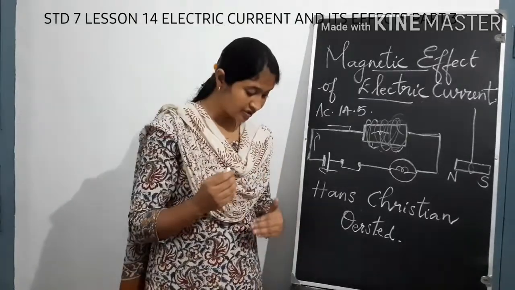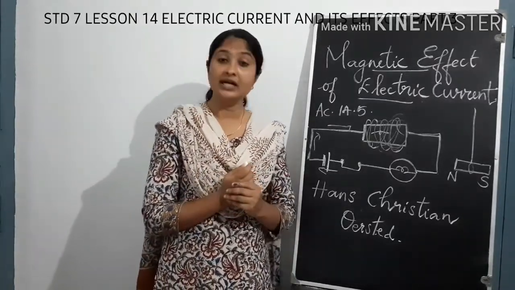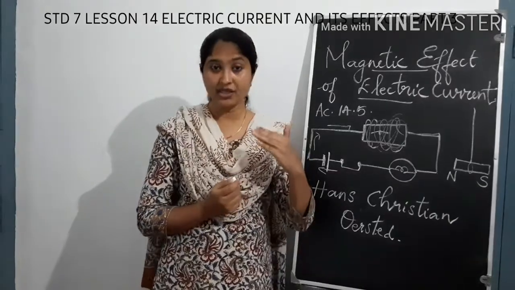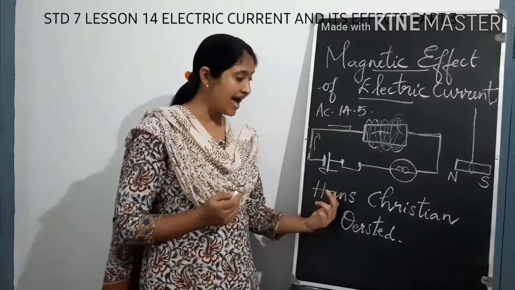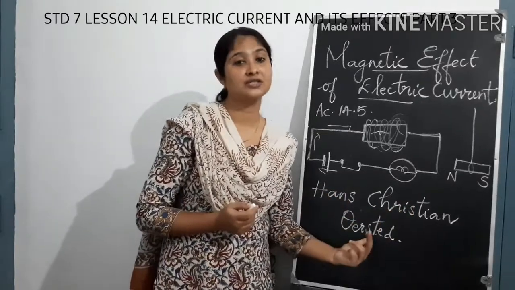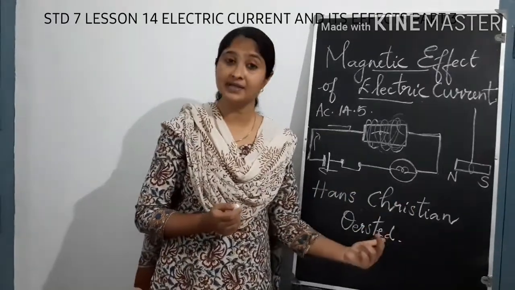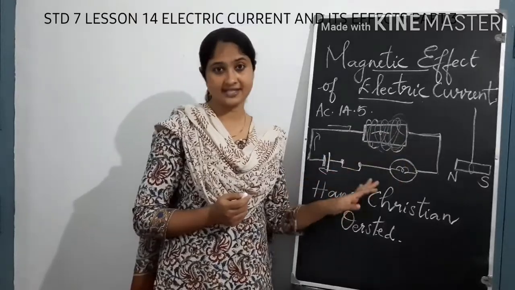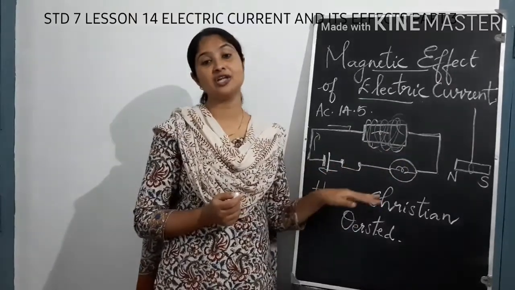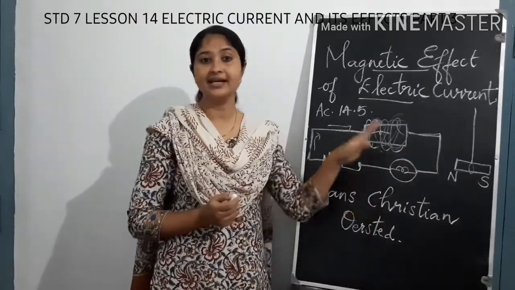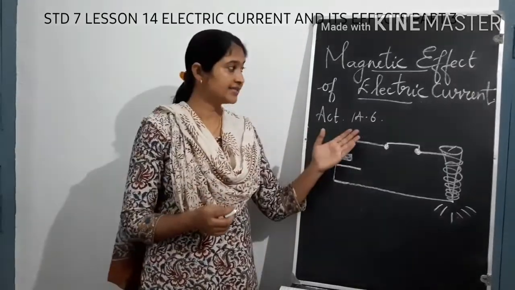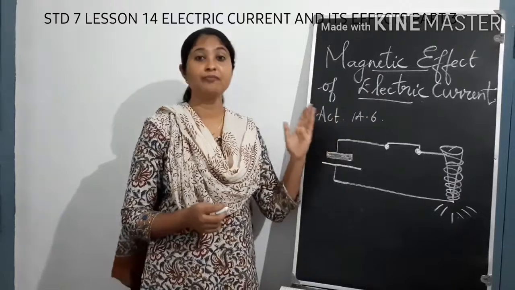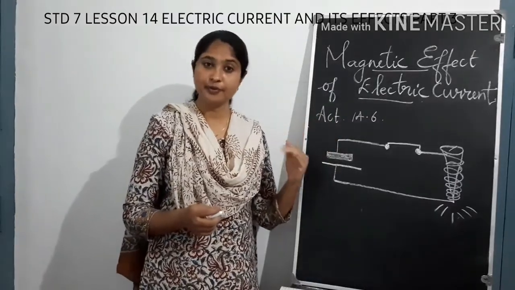Now, this was first noticed by a scientist named Hans Christian Ørsted. So, this is the name of the person who first noticed this magnetic deflection or the magnetic effect of the electric current. Okay, next we will see how magnets are produced.